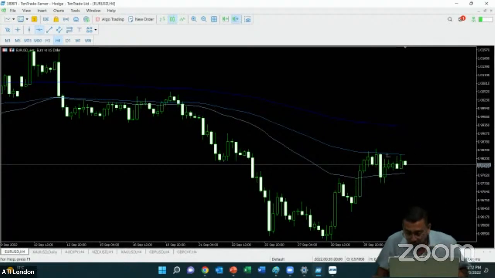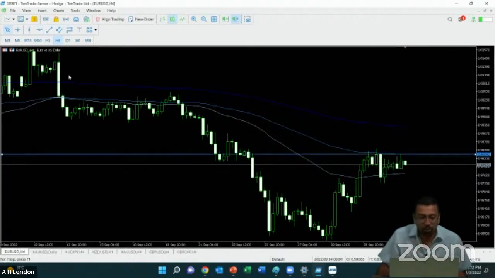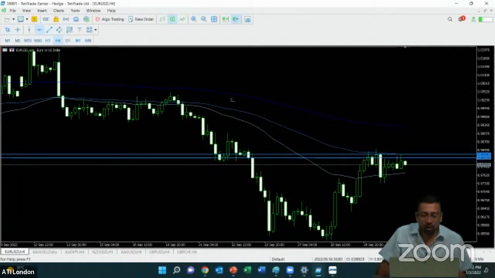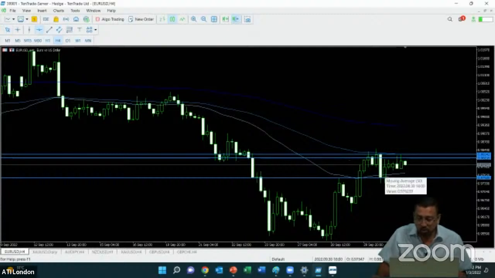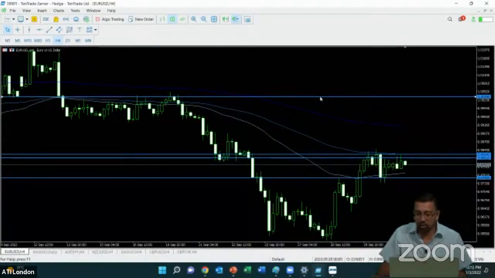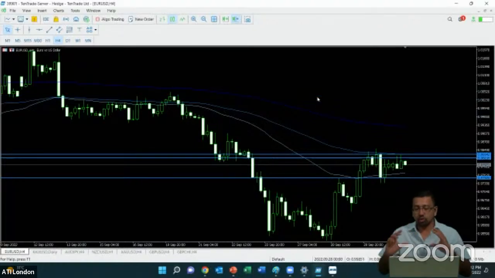If I were to mark this area, the opening price of the mother candle, and also the closing price of this bearish mother candle right here, and the closing price there and there, it actually matches exactly. So we have got a range at this moment.